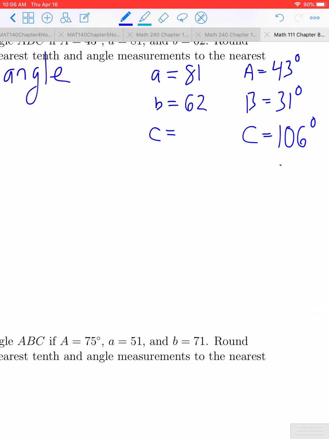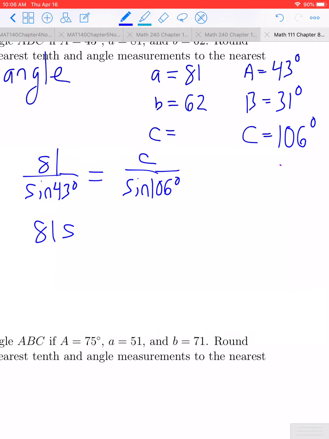To solve for c, we have that the ratio of side a divided by the sine of A would be equal to side c divided by sine C, which is 106 degrees. To get c by itself, multiply both sides by the sine of 106.